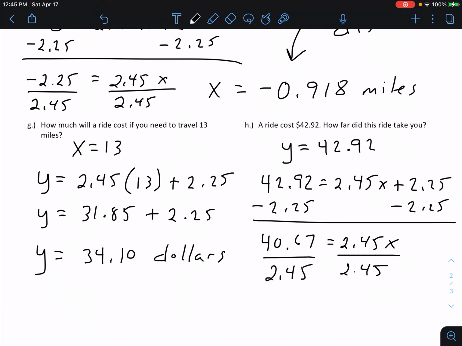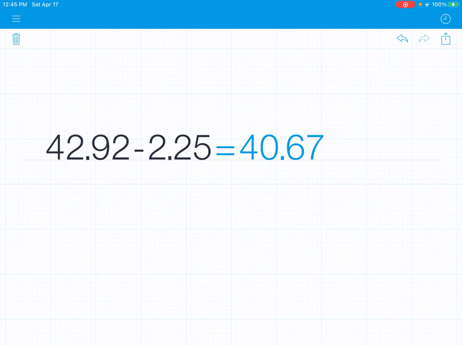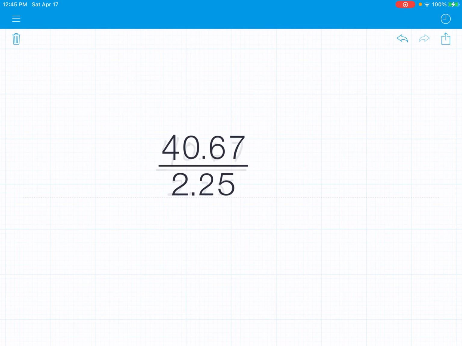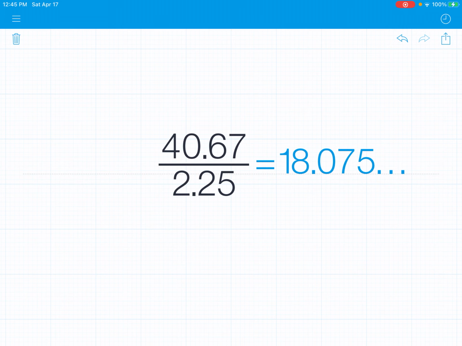All right, I can't do this one in my head, so let's go over and do 40.67 divided by 2.45, and let's hope it's a nice, neat number. It's not. Okay, it's got the little ellipsis there. It's called the three dots. That means it continues on forever. And so we're just going to say 18.075.